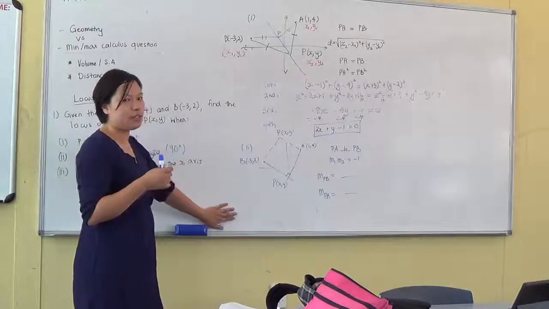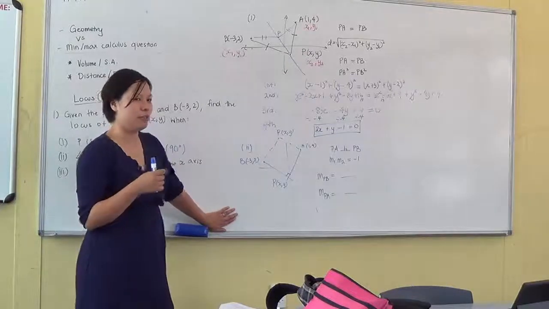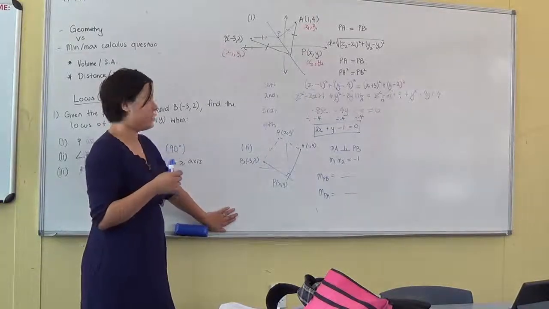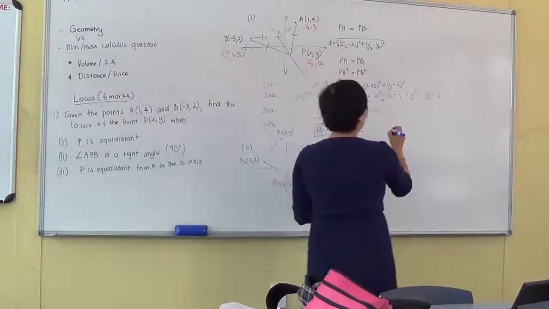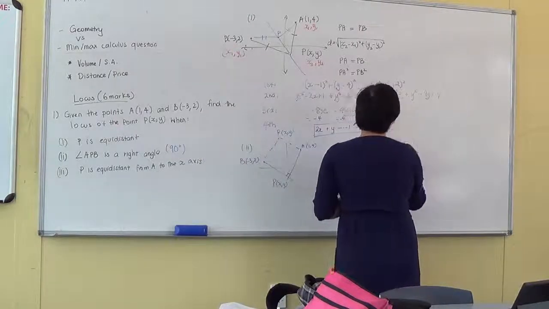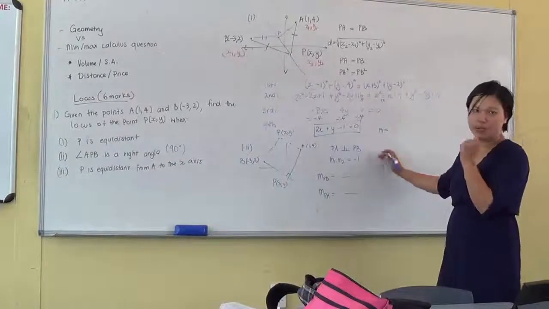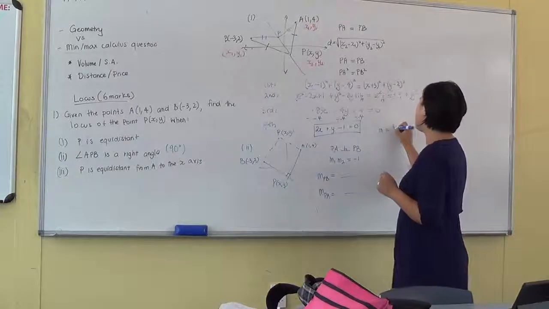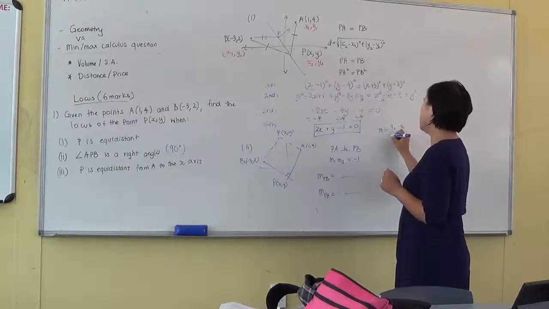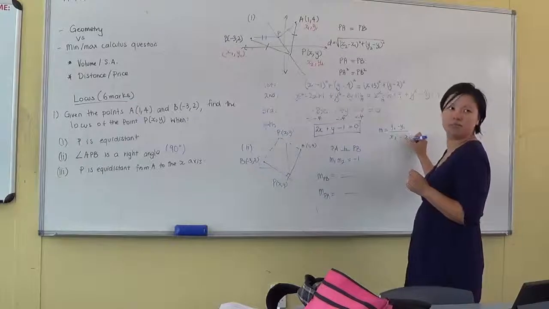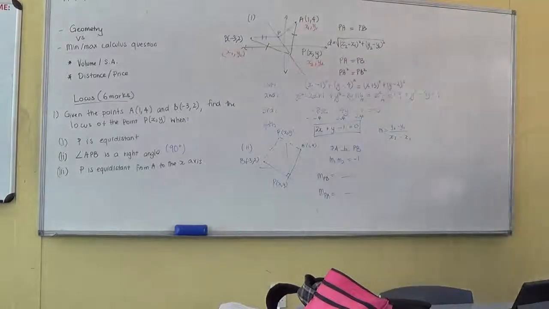Just to begin, Tilly, do you know what gradient is? No. Just the full gradient. If you were to ever look for the gradient, it's always y2 minus y1 divided by x2 minus x1. Got it?